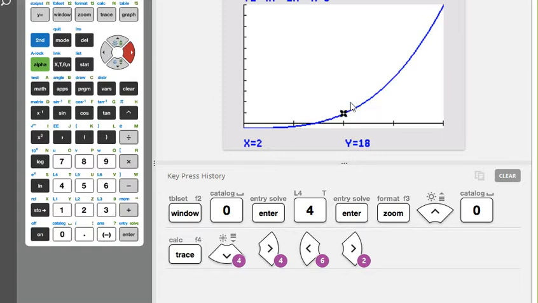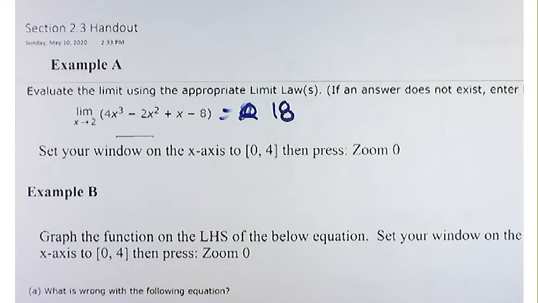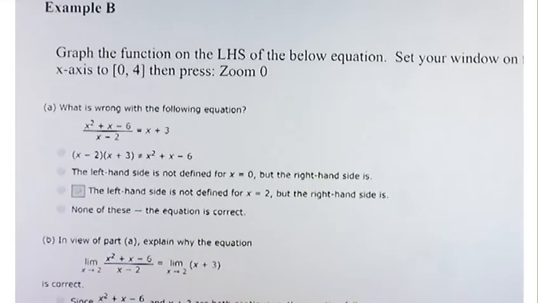But that point's right on the graph, so we're in good shape. The limit is 18. So nice. First order of business when you're trying to find a limit is always try plugging in the limit. If that works, great. If it doesn't, then you're going to have to look at other things.